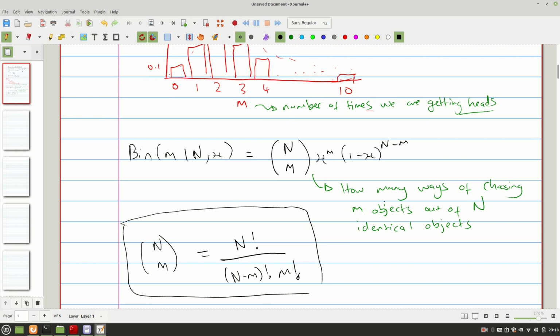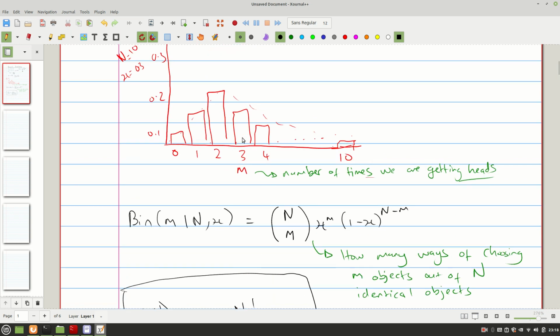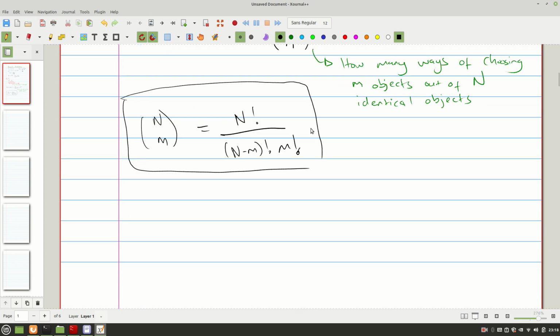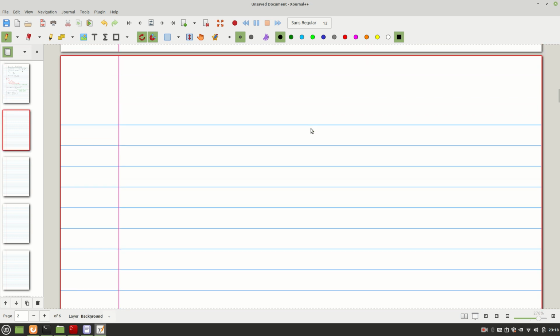But now we need to prove that this is actually a probability distribution that sums up to 1. And we need to think about, once more, how do we find the expected value under this distribution as well as the variance. So these are the two things we need to think about.